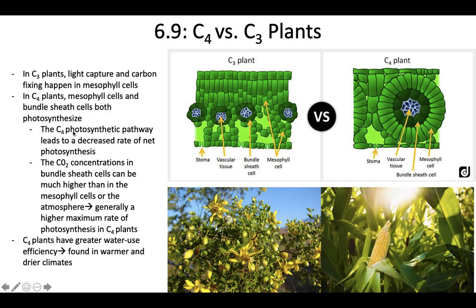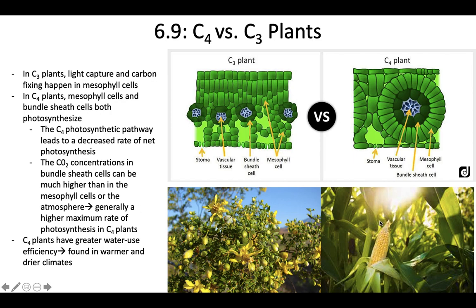The C4 photosynthetic pathway is going to lead to decreased rates of net photosynthesis, and CO2 concentrations in bundle sheath cells can be much higher than in the mesophyll cells or in the atmosphere, and because of that, generally they're going to have a higher maximum rate of photosynthesis in C4 plants.